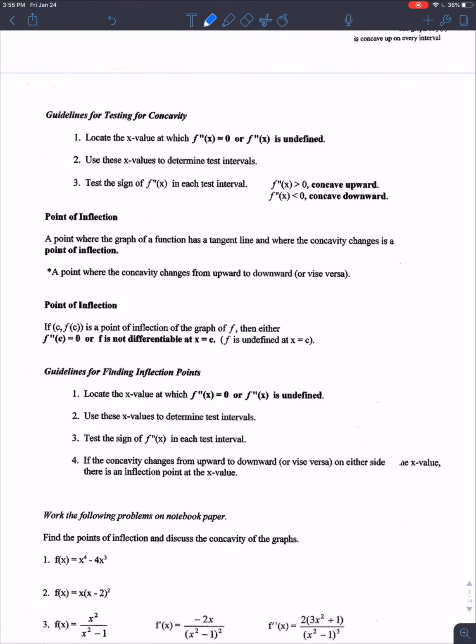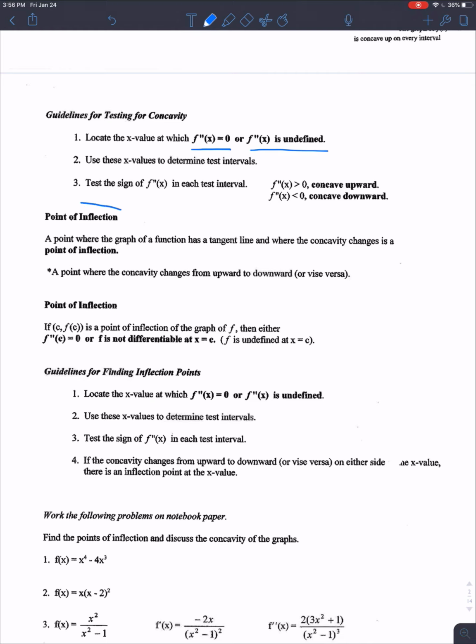Just like we've done in the past with the first derivative, here we're going to locate x values at which the second derivative is equal to 0 or the second derivative is undefined.